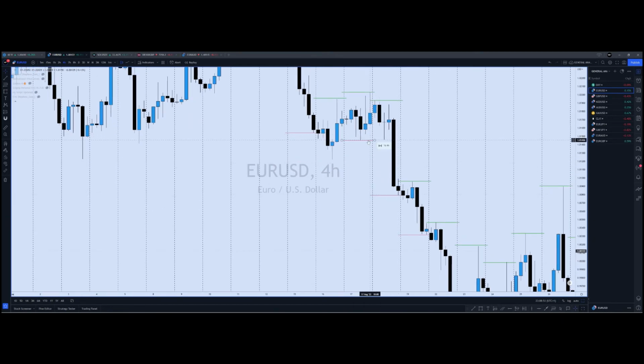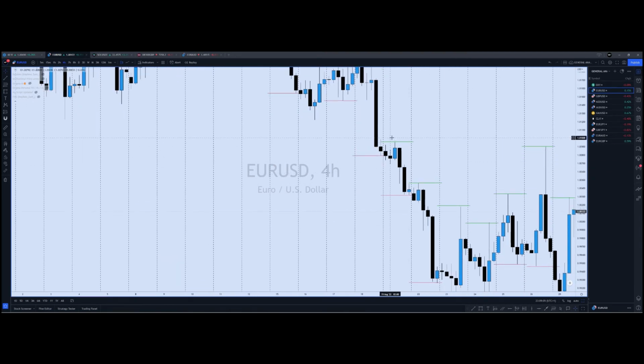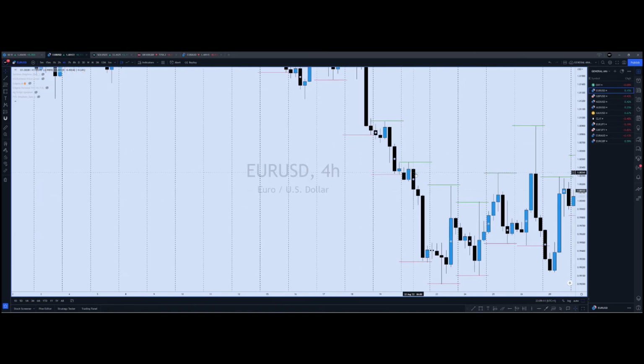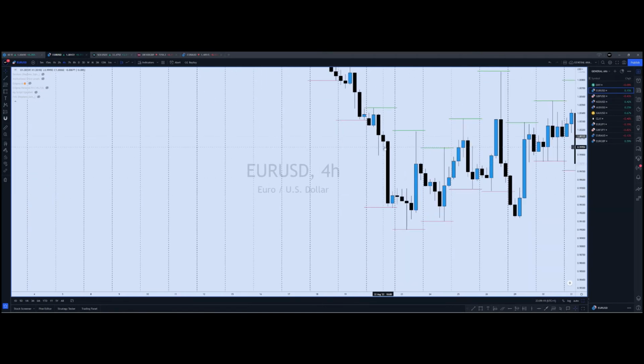Again, by the end of the day, price closed below that, so the 18th closed below the 17th, so on the 19th we'll be expecting lower prices, and that's what we got. The 19th also closed below the 18th, so on the 22nd, which is another week because we're going to the weekend, that's Friday, we expect lower prices, and that's what we got.